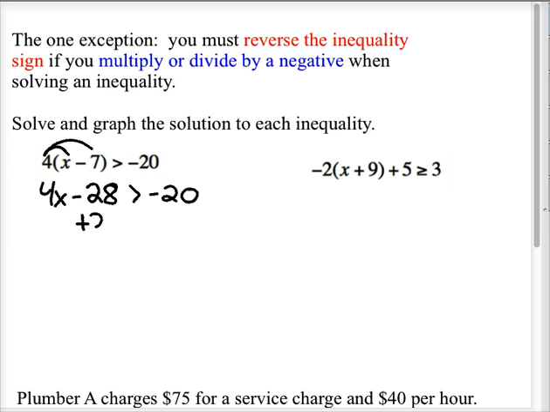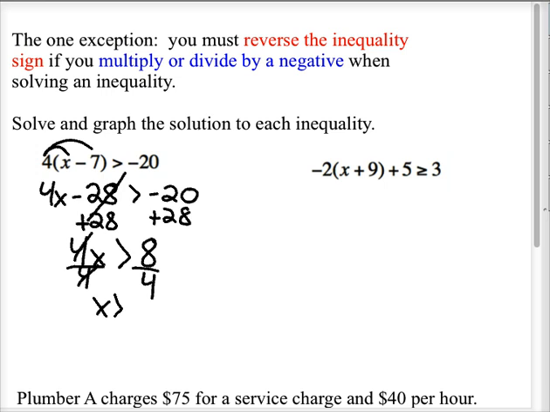So I'm going to add 28 to both sides. So 4x is greater than, well, negative 20 plus 28 is going to just leave me with 8. And then, looking at this, next step, I have to divide by 4. So x is going to be greater than 2.